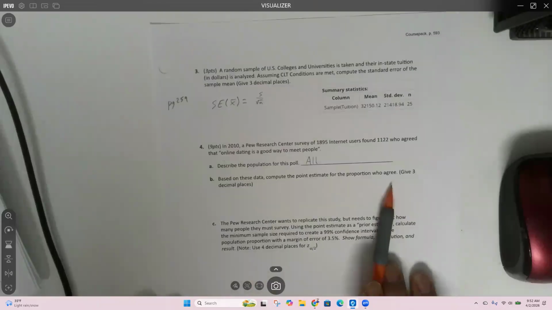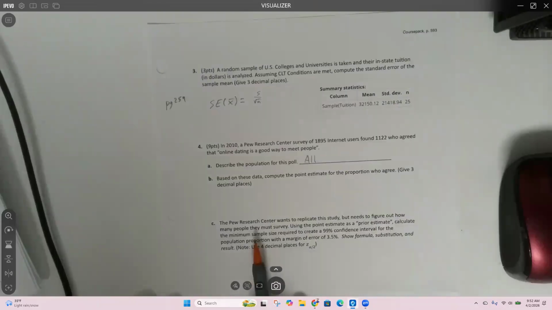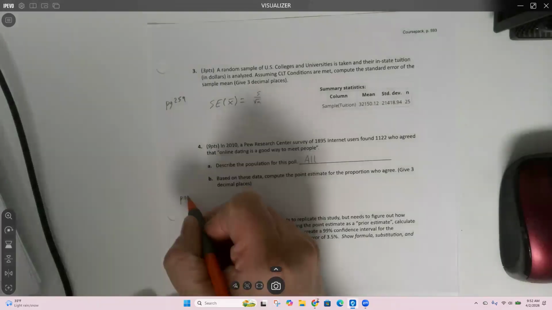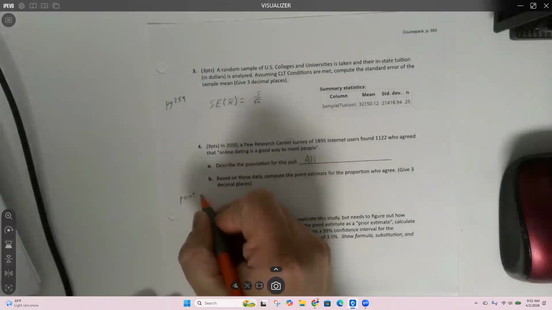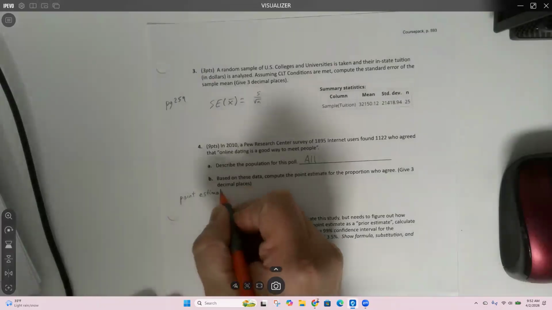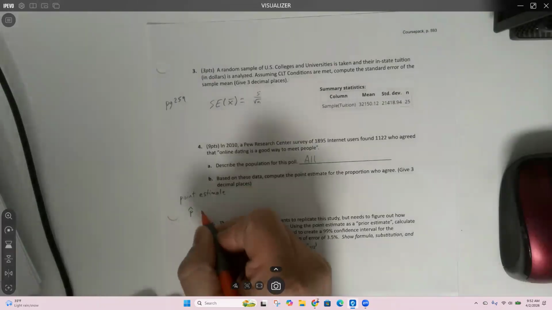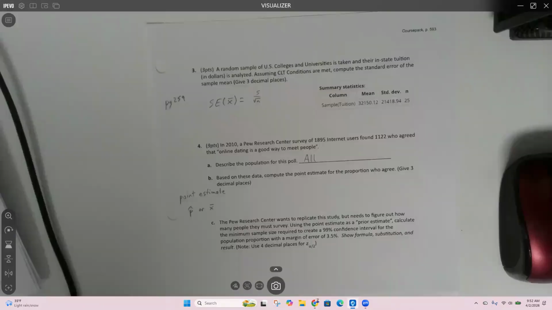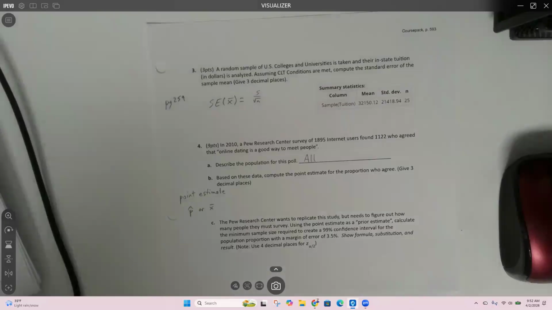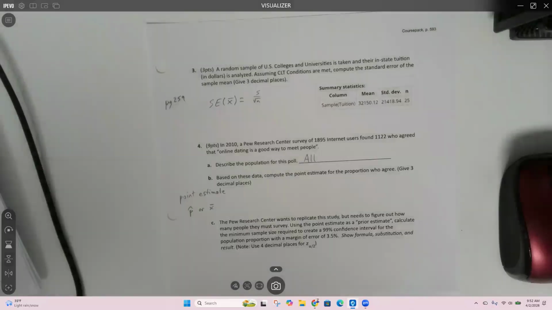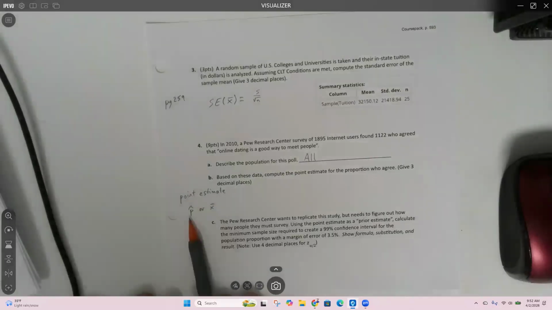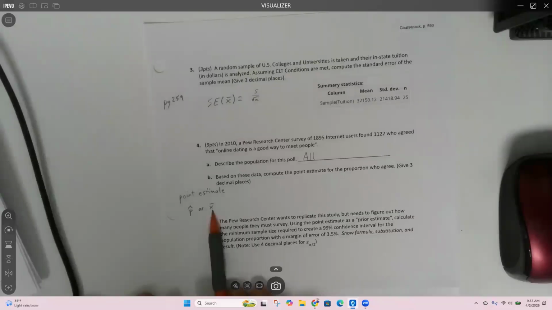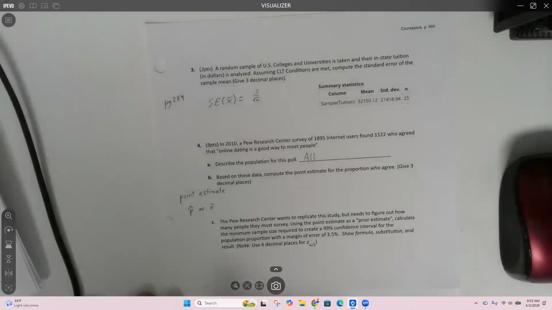The point estimate is either p hat or x bar, depending on whether you're looking at proportions or means. If we're looking at proportions here, calculate your p hat for your sample. If you're looking at means, calculate your x bar.